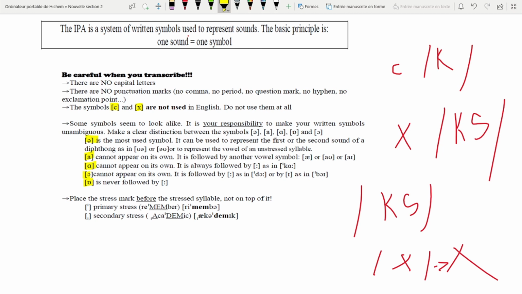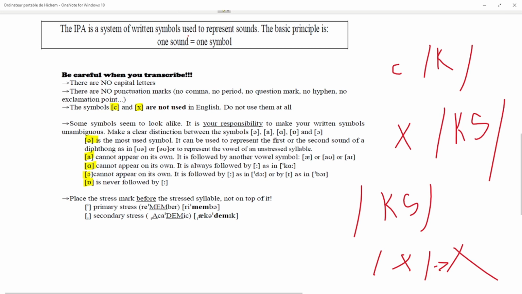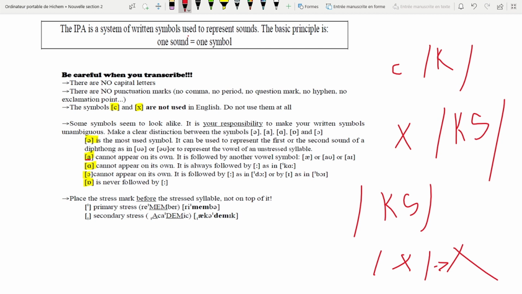So during an exam or a task given by your teacher, you need to make sure that you transcribe them correctly. Because if you transcribe using this, and you should have transcribed using this one or that one, you'll get a 0, although you know the answer. Okay, so make sure to make them unambiguous, because some teachers do not forgive such mistakes.